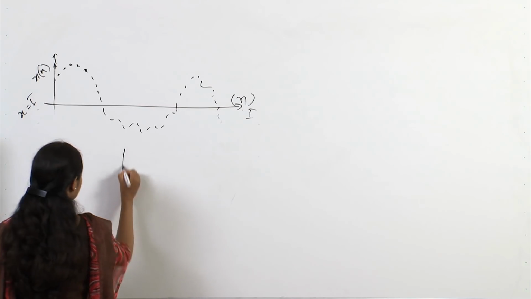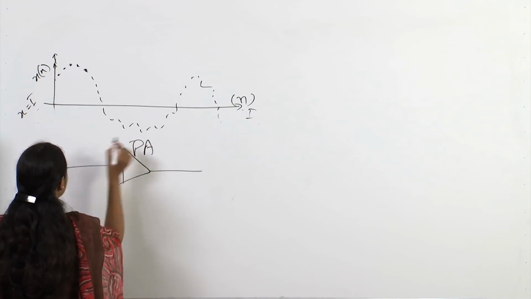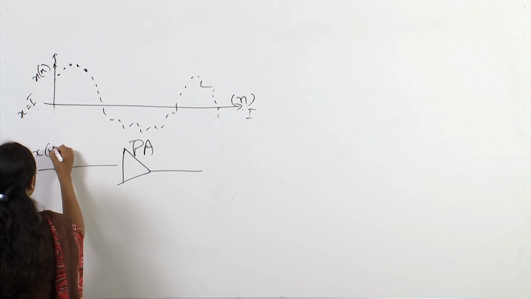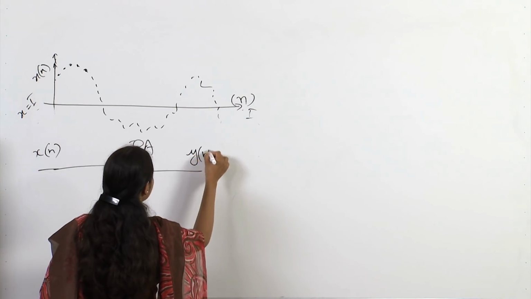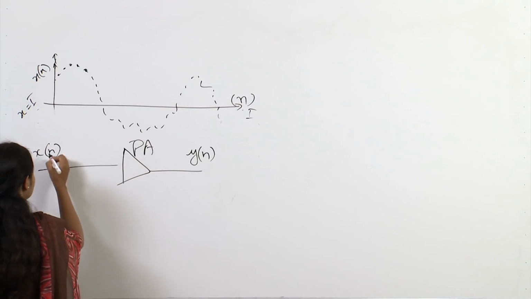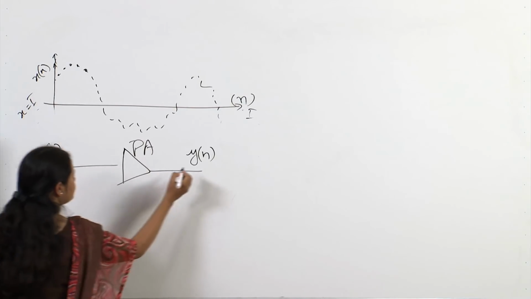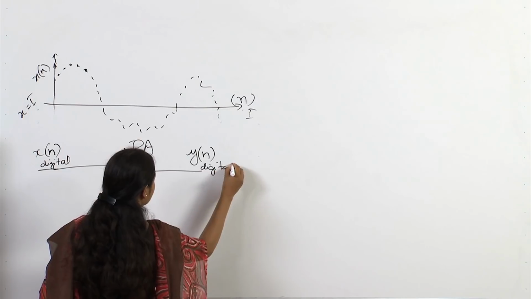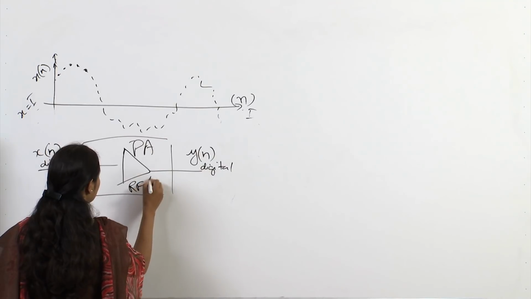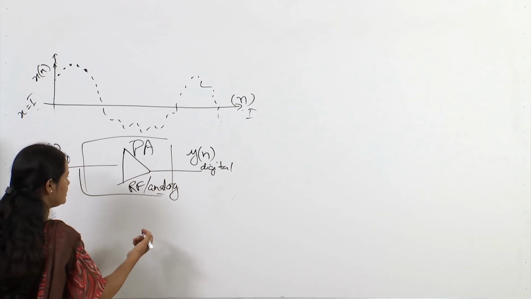Whenever we are applying any data to the PA and capturing some data, I am showing it in the discrete, digital domain, but the power amplifier works in the RF domain, and after that mostly the RF analog domain. But what I want to represent here is the data which we eventually captured in the digital domain.